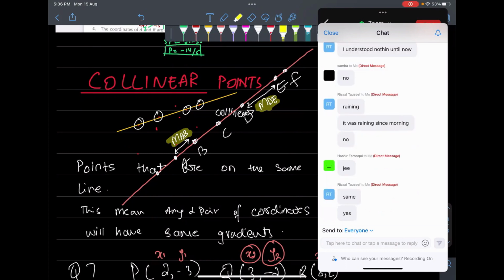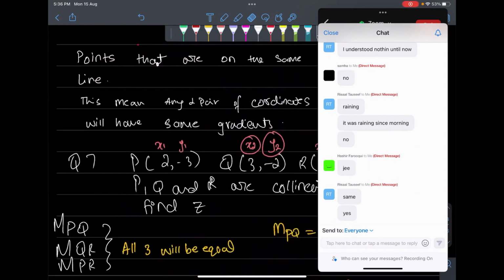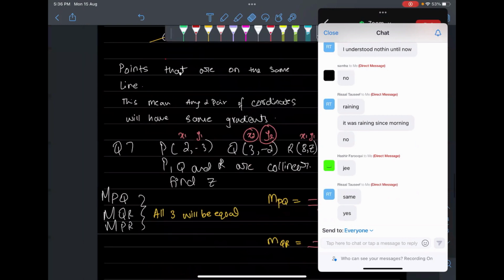Now, I am using this property. Let me erase all of this. This is the property I am using in this question. In this question, it says PQR. Imagine that this is the line.